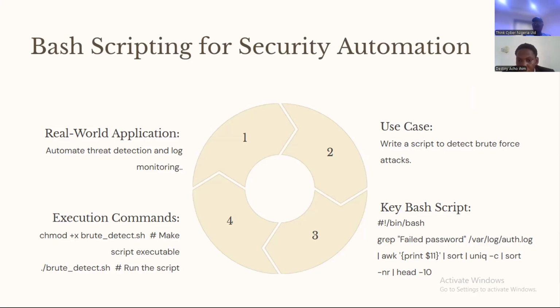Bash scripting is a tool used for automation, in order to make repetitive work faster. So instead of doing a specific thing one after the other, bash scripting will help you automate it, do it for you, and save you a lot of time.